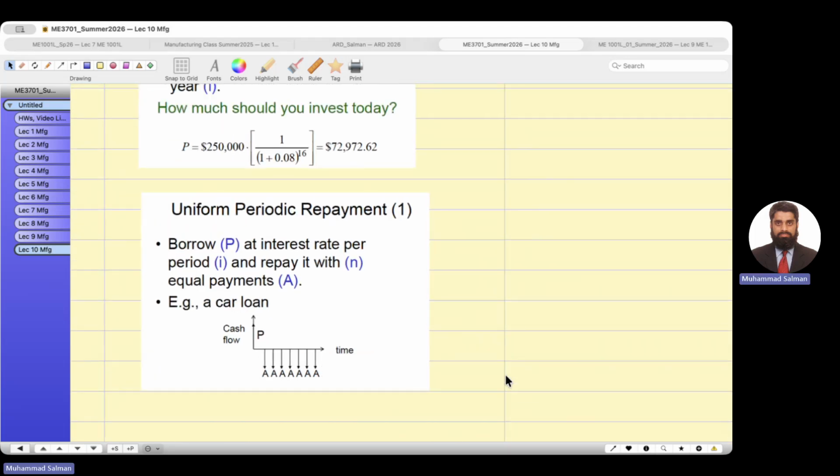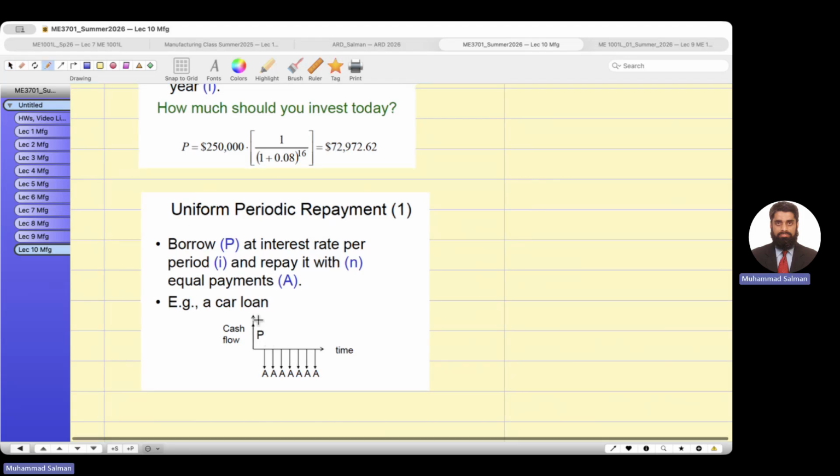Suppose you have borrowed from the bank the present value and the interest rate i, and repay it within n number of years or n equal payments, annuity. So cash goes to your bank.